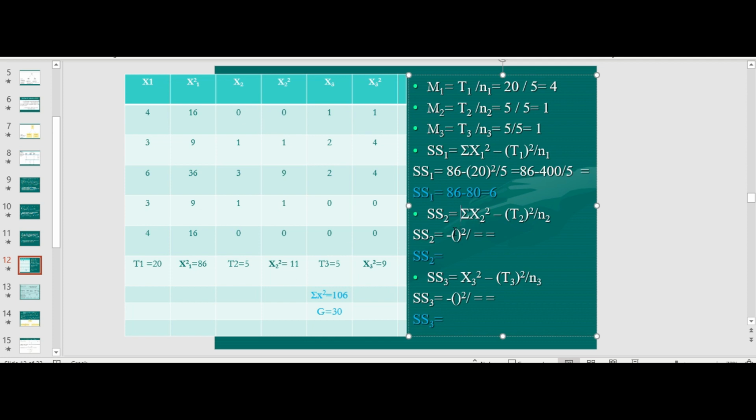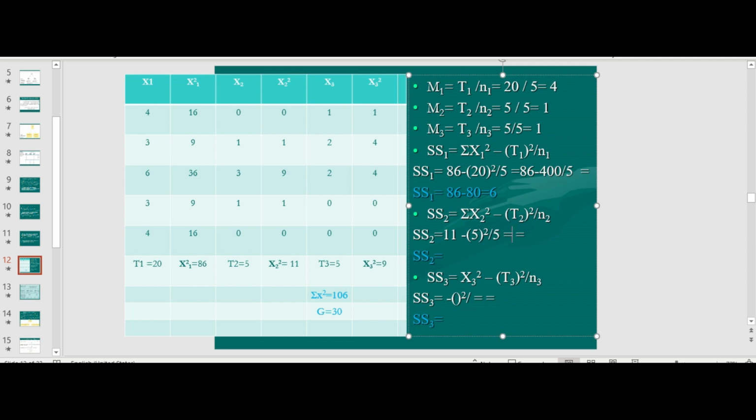So we will put the value 11 in the place of summation x2 square, and T2 is equal to 5, and we will divide it by 5.